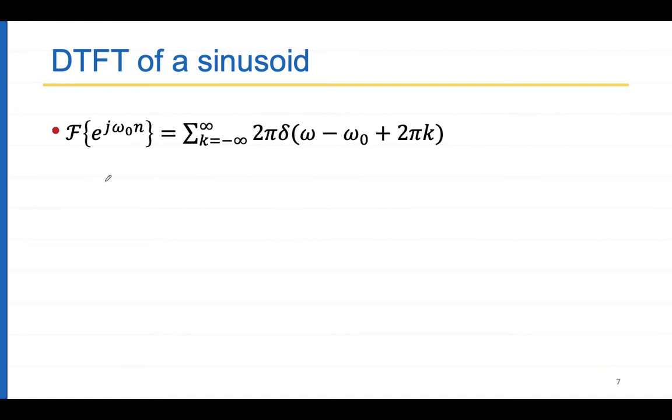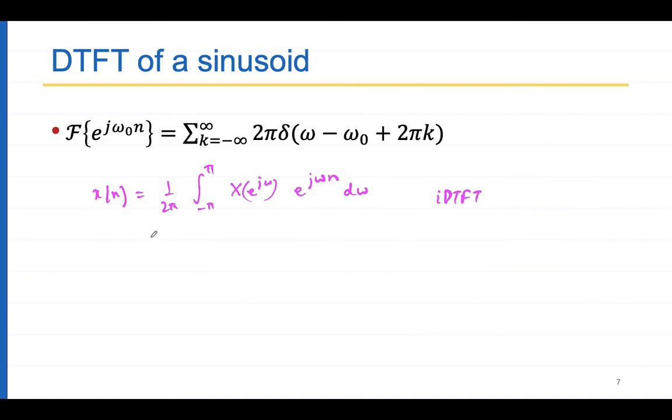I want to prove that the inverse Fourier transform of the right hand side is e to the power j omega naught n, which means x of n is equal to 1 upon 2 pi integration from minus pi to pi X e to the power j omega, e to the power j omega n d omega. This is the inverse DTFT, right?